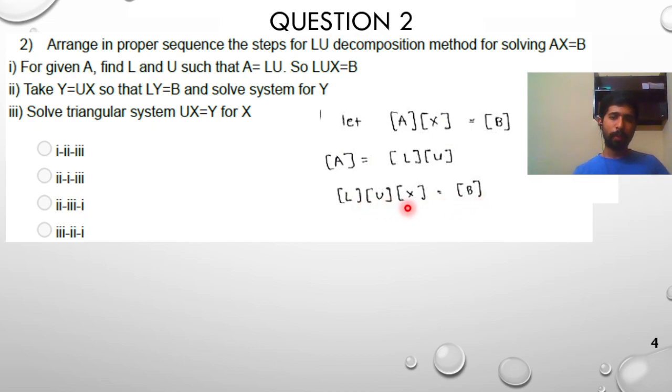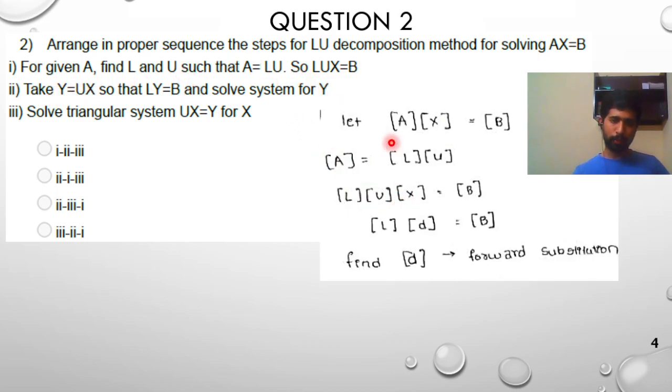Now we try to find a system, say L into D is equal to B. That D they have given as Y here. So L into Y, we solve for B. Now we can easily find Y, using forward substitution, because this is a lower triangular matrix.